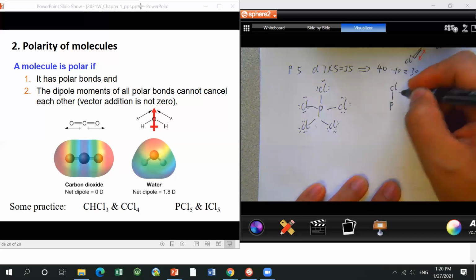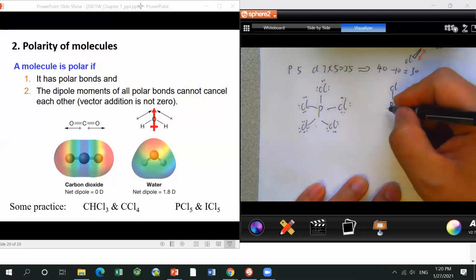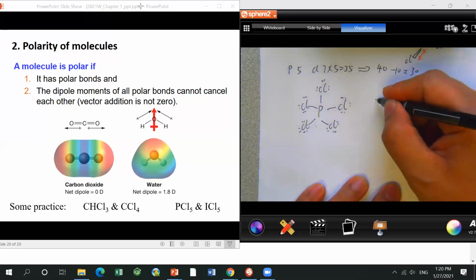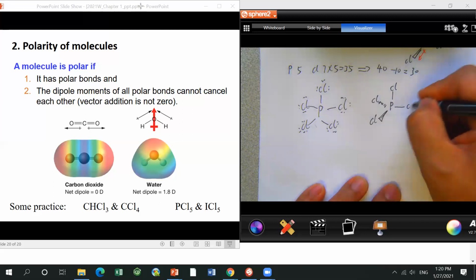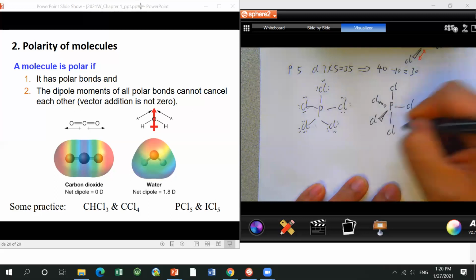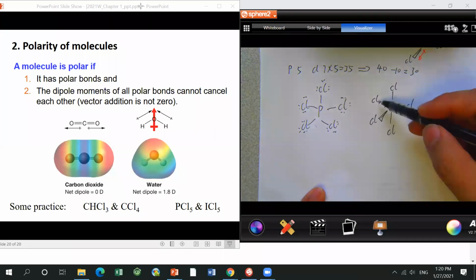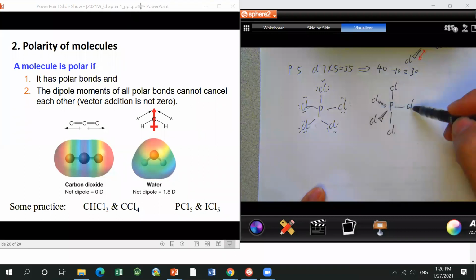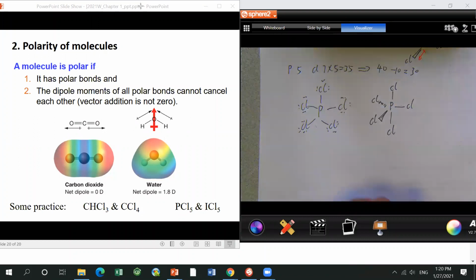I just ignore the lone pair electrons. So that's the three-dimensional structure. These 3 chlorines are in the same plane, and then of the other 2 chlorines, one is above and one is below. Some student already typed the right answer.